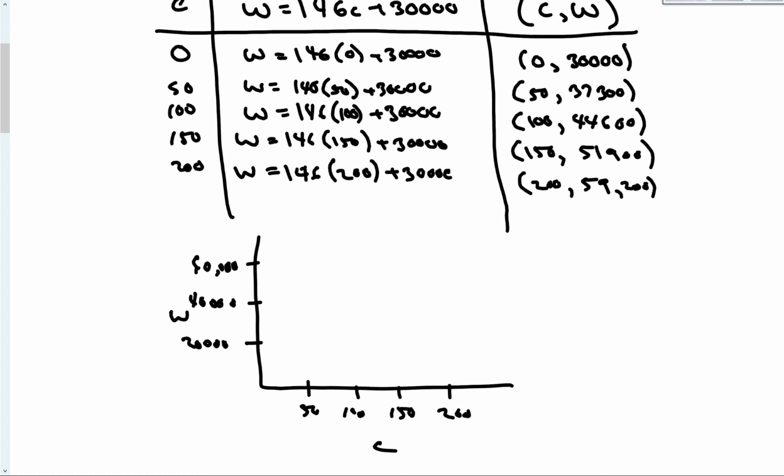So my zero coordinate was 30,000. At 50, I get 37, which is about right there. At 100, I get 44, so that's going to be over 40 right there. At 150, I get 51.9. So you can see that even though my points are not super accurate, I still get data that forms a general line like this.